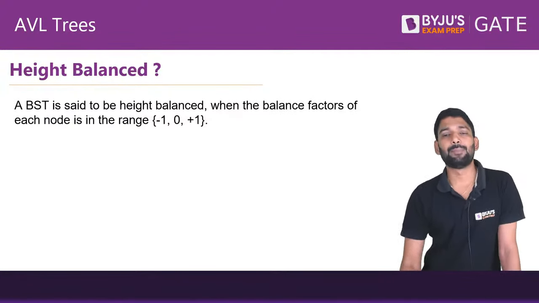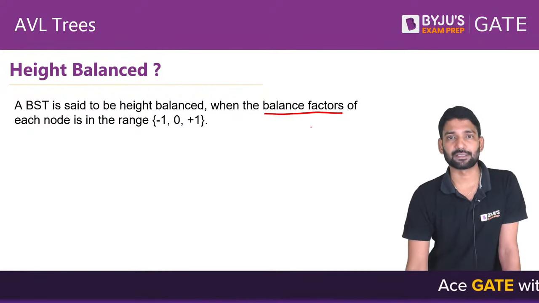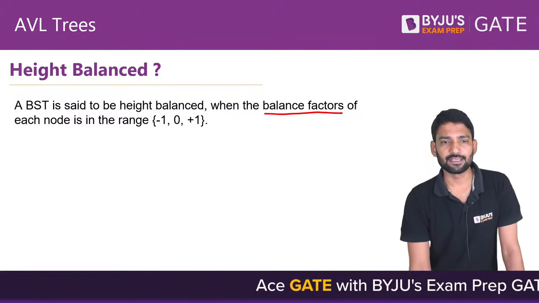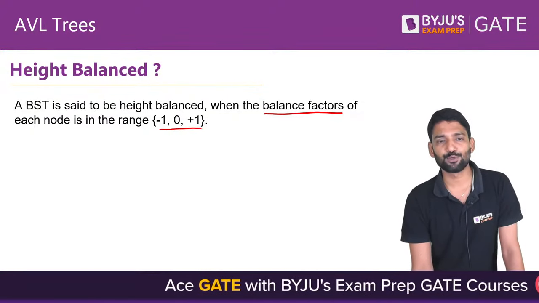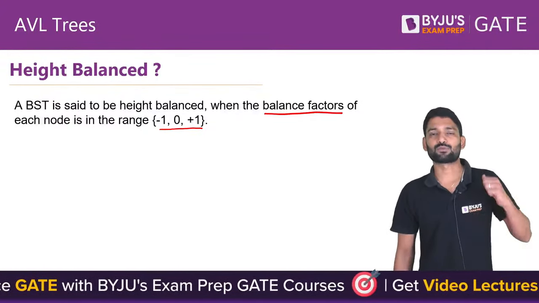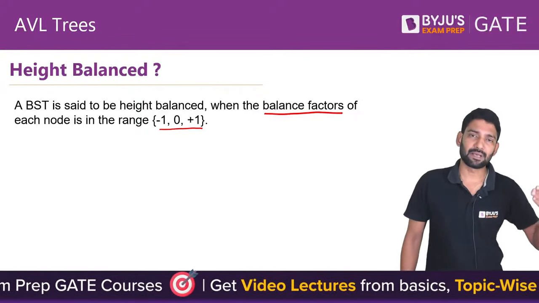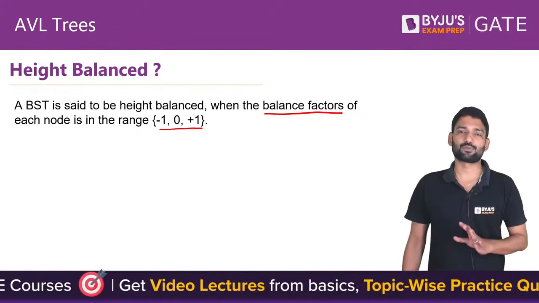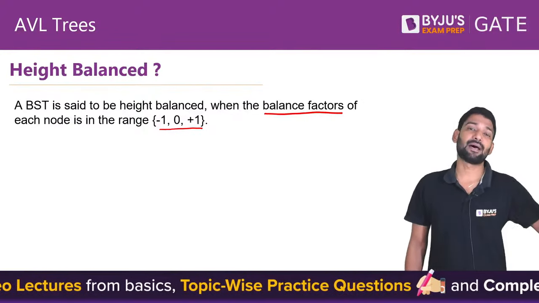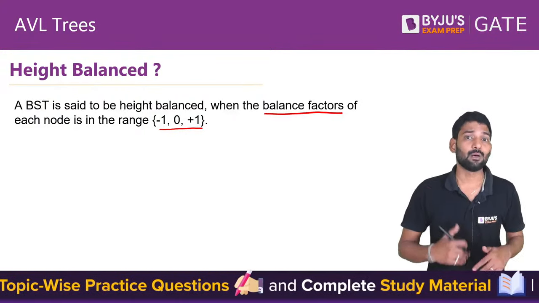Whenever the balance factor of every node in the BST is in the range -1, 0, +1, that is, when the balance factor of every node is either -1 or 0 or +1, then such a BST is said to be a height balanced BST.